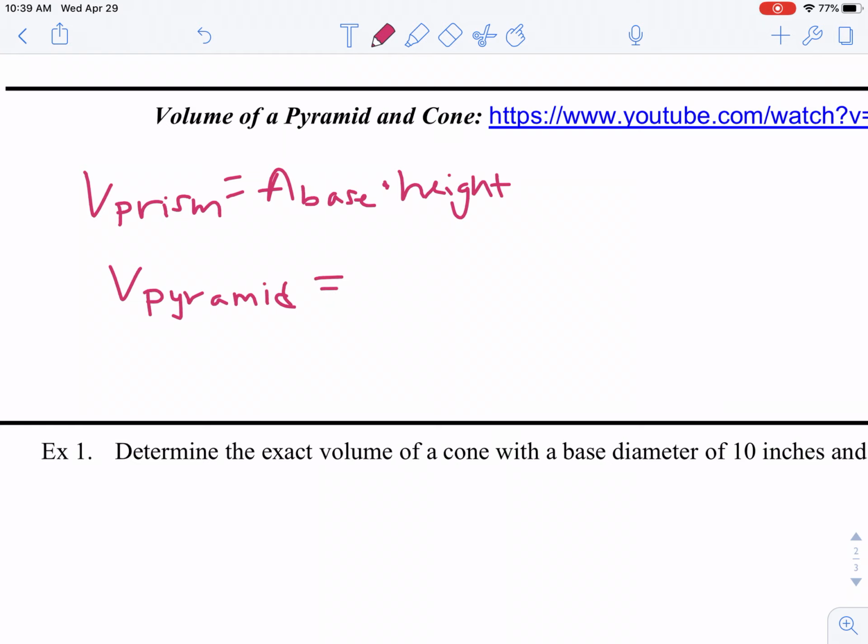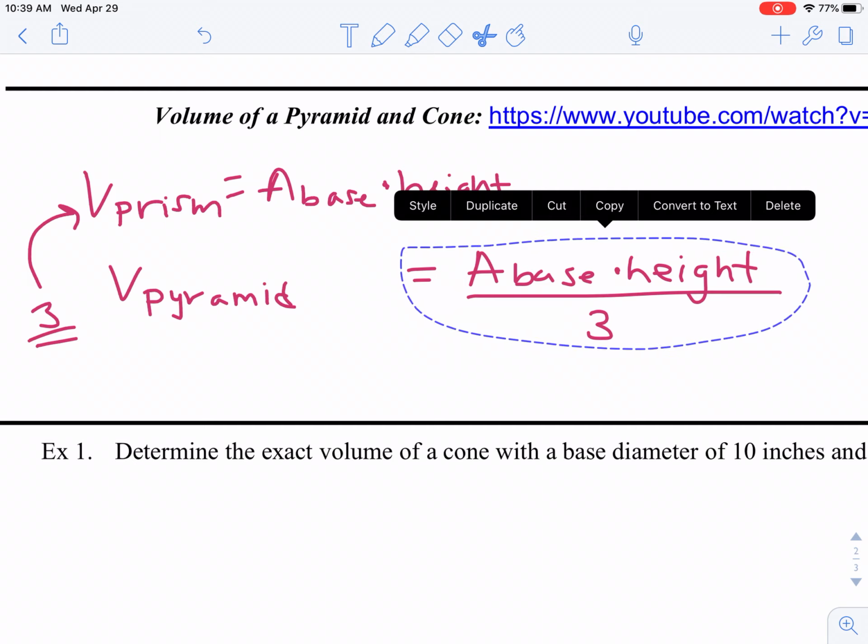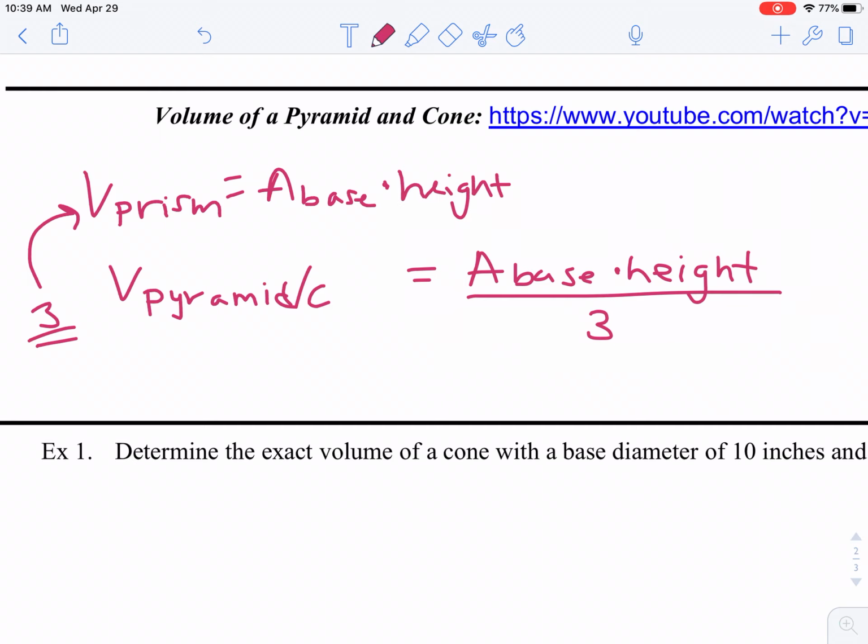We said that it's not equal to the area of the base times the height, because 3 of the pyramids fit into the prism. That means if we took the volume of a prism and divided it by 3, we would be able to calculate the volume of the pyramid. And this is also true for the volume of a cone.